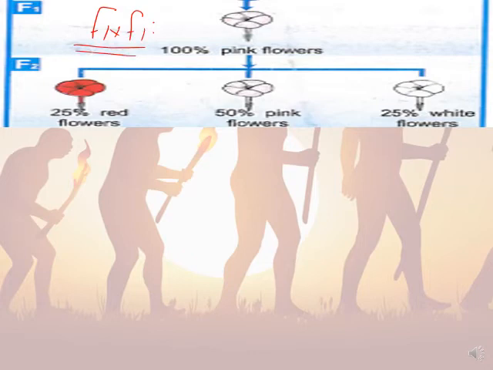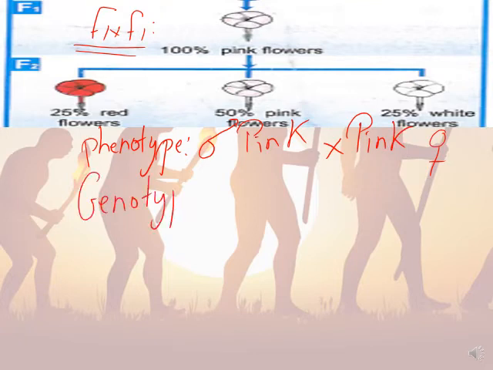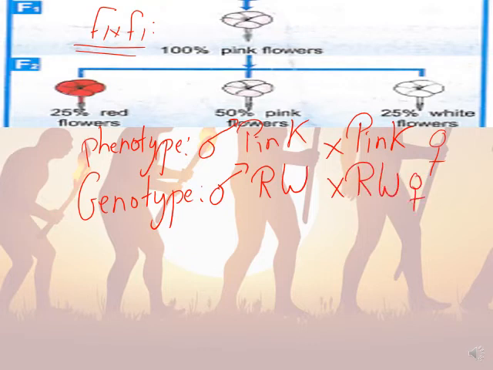Let's start first with the phenotype of the parents. So phenotype, male and female: they have pink crossed with pink. Okay, so here we have the genotype. In the male, we have R capital, W capital crossed with R capital, W capital, and the gametes will be as follows.